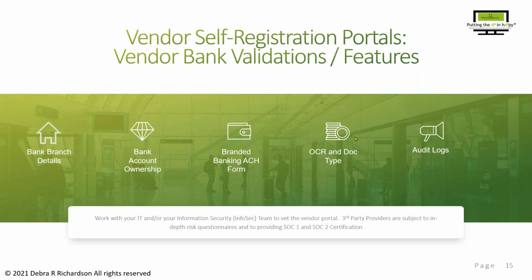Now, the next one is audit logs. Even though the vendor portal may not be the system of record, and in most cases it's not, that activity should still be audited, either as part of your regular vendor process audits or audits implemented to compensate for segregation of duties issues, etc. Those audit logs should be available to check for activity, just as with your ERP.